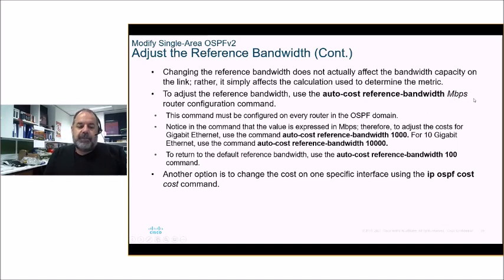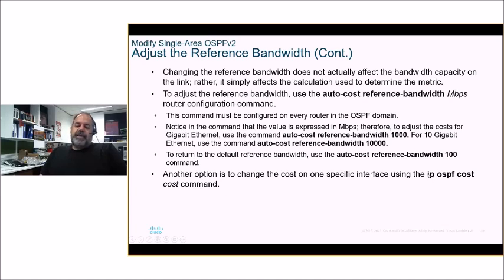And so if you have gigabit Ethernet, you just type in 1000. So I personally would probably put in 10,000 just in case, so that if you do buy a device with a better interface, it won't mean you have to go through all your routers and change it.